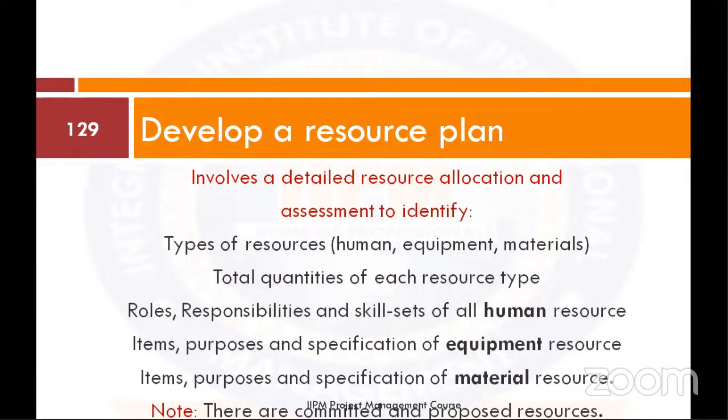Note, there are committed and proposed resources. If you are going to have committed and proposed resources, please also establish that in your plan so that we will not end up having a bloated budget.